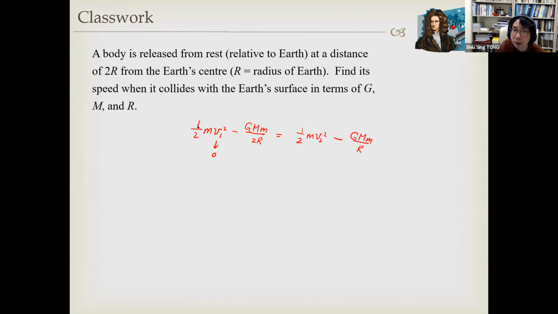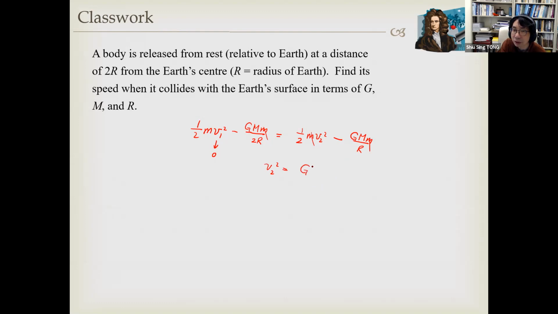So now with the total energy equal, the m cancels, right? So you have a V2 squared term. You move this term to the left. 1 minus 1/2, right? So it's equal to 1/2. And that 1/2 will cancel with this 1/2 on the right hand side.